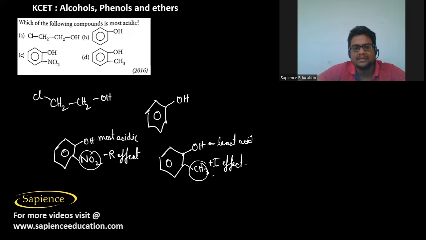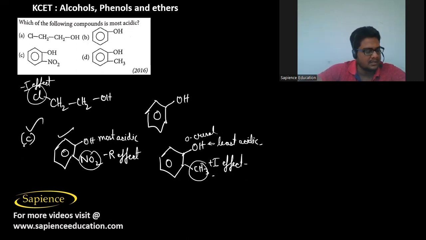It will be less acidic than phenol also. And chlorine has got minus I effect here. So this hydrogen is more acidic than orthocresol also. So it means the most acidic is the orthonitrophenol. So option C is the correct answer.